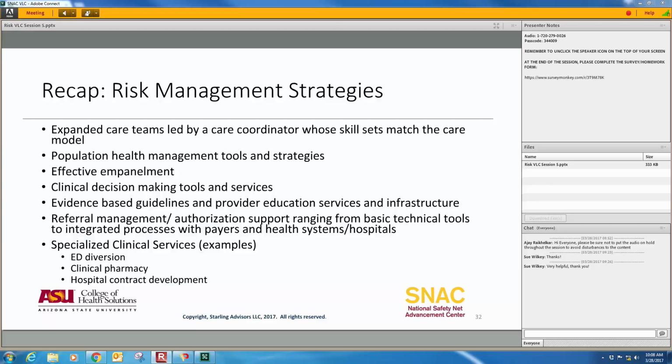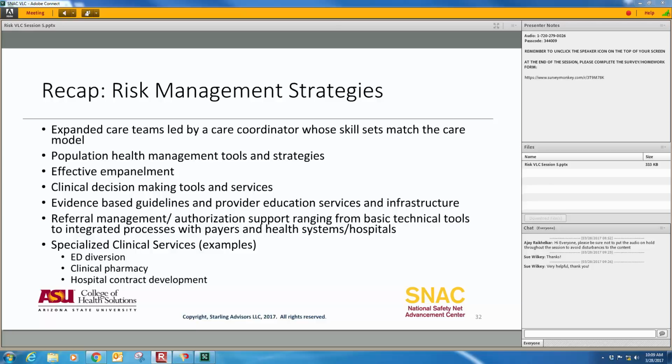And then some specific strategies that we know safety net providers have really looked at as they've thought through this approach around risk management is this idea of what role specialized services play, things like referral management and authorization, and then some other specific examples, a little bit like we talked about already: ED diversion, clinical pharmacy, and hospital contract development.